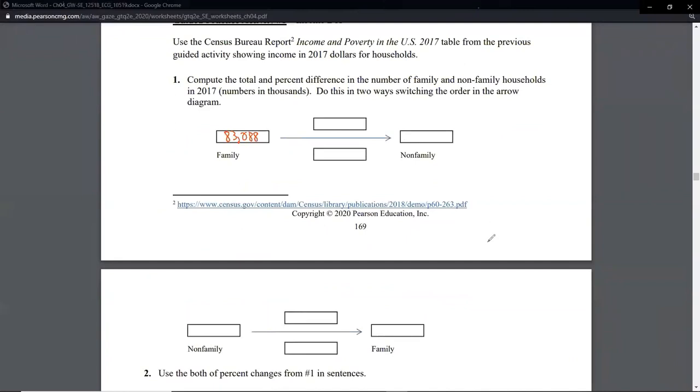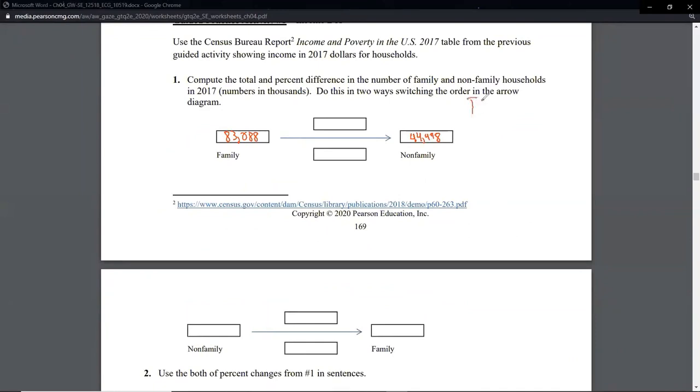The non-family number, that was the 44,498. I had to write those down. So that's what we're calling original and new. Again, it doesn't really make sense to call them original and new because the family didn't happen first and the non-family happened second. This is just us saying we're going to be scaling everything to the family numbers.